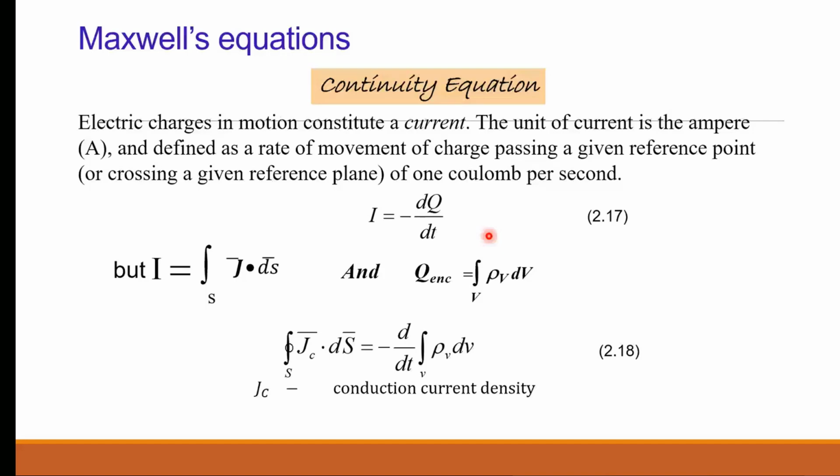Surface integration of J, let us call this J as Jc because it is conduction current. So closed surface integration of Jc dot ds is equal to negative derivative with respect to time, dou by dou t, of integration of rho v dv. Instead of this q, we have put this integration of rho v dv, with dou by dou t kept outside.